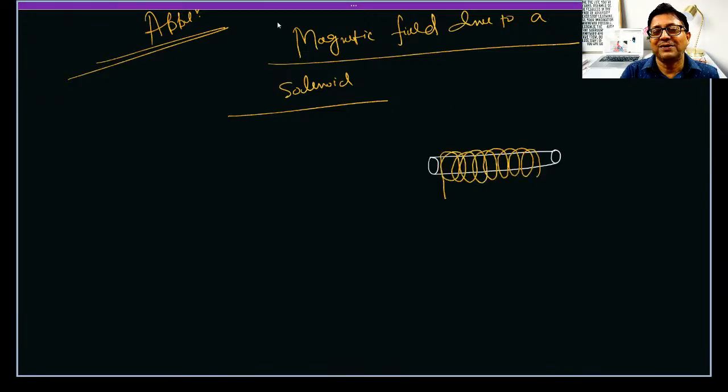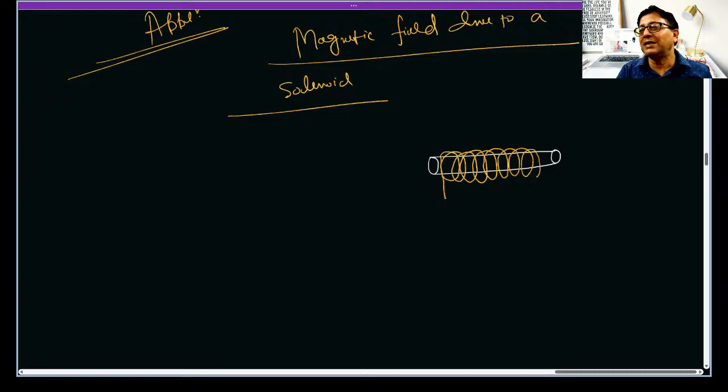This core of the solenoid may be cardboard, china clay, pitchboard, wood, etc. Winding you have understood.